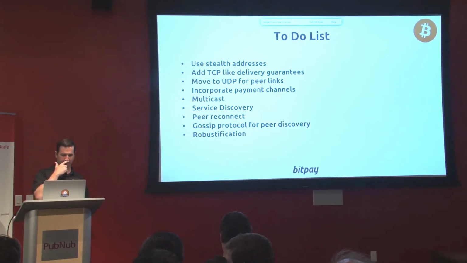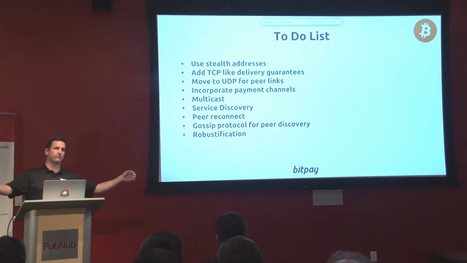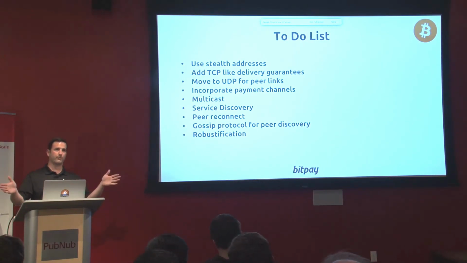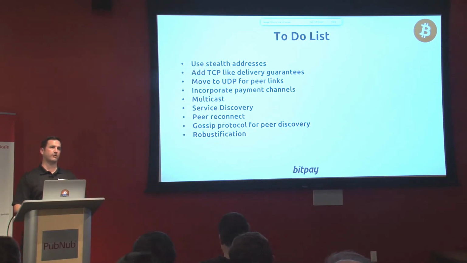So here's a quick to-do list. Use stealth addresses. Add TCP-like delivery guarantee. So right now, Foxtrot runs on top of TCP/IP for the peer connections. But if you've got a node there that's doing routing, just because somebody sends you data on one side and you're expected to turn around and deliver it on the other side doesn't mean that you actually do, or that you deliver it in the same order, or that you don't deliver it to multiple peers that then end up arriving at the same destination node.